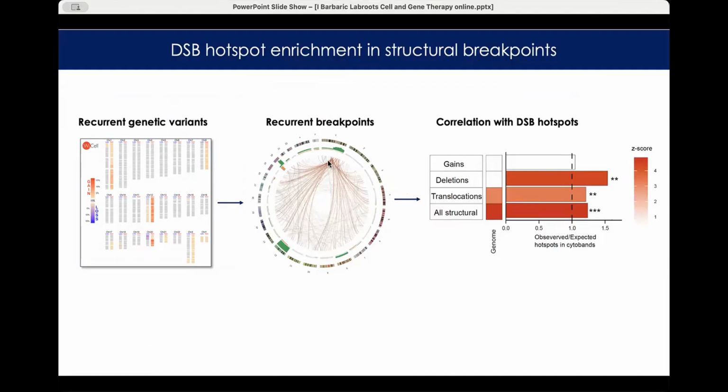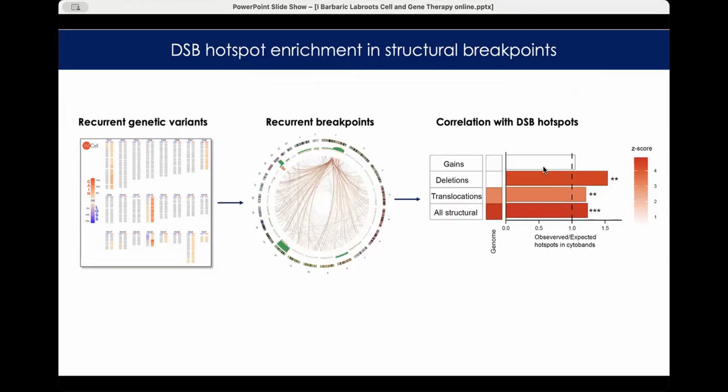So in this case, highlighted in red here is a breakpoint from the karyotyping data that is seen on chromosome 1q. And then we took these recurrent breakpoints and looked at whether they associate with the hotspots that we see in the INDUCE-seq data.